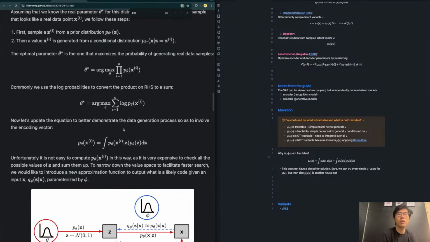So because there's no closed form solution, we can approximate this. We approximate.